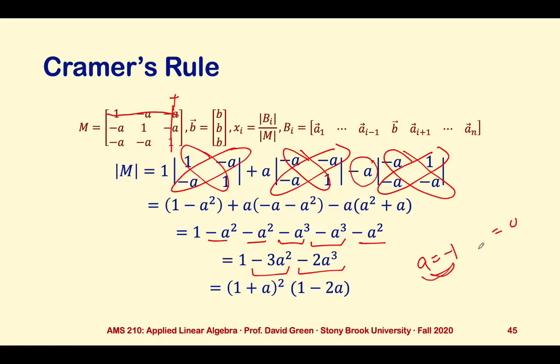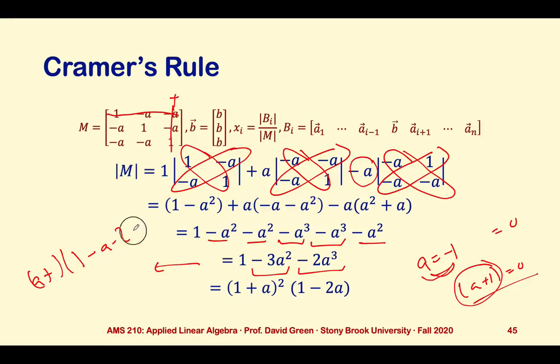We rearrange this to give us a plus 1 equals 0, and this is a factor of this expression. If we factor out this a plus 1, what we actually end up left with is a plus 1 multiplied by 1 minus a minus 2a squared.